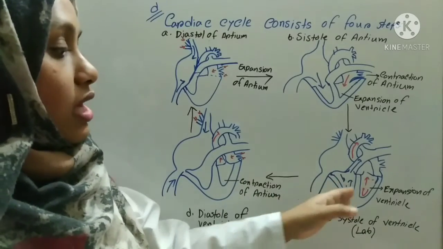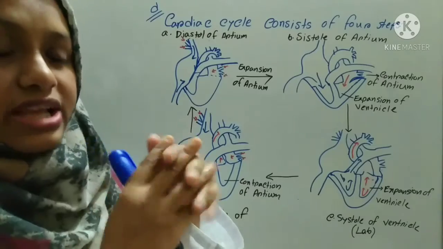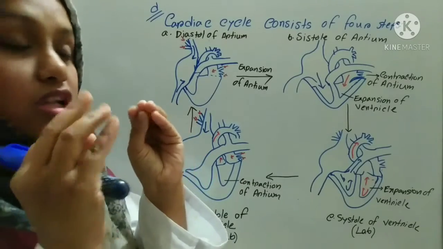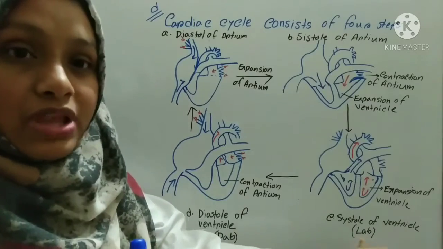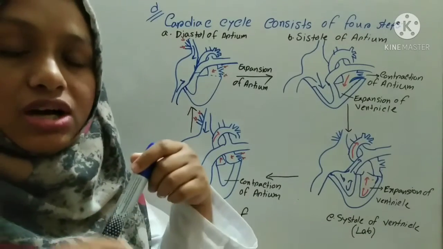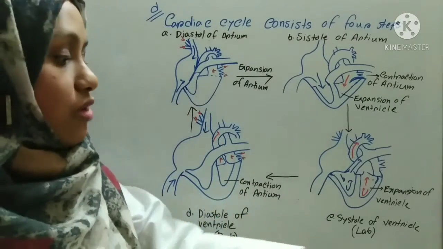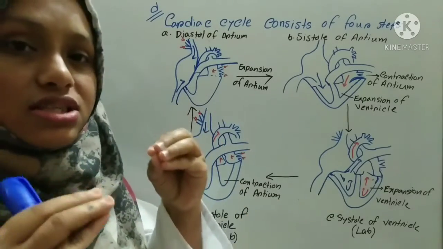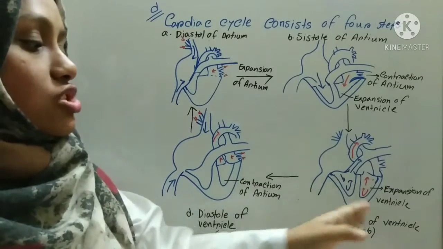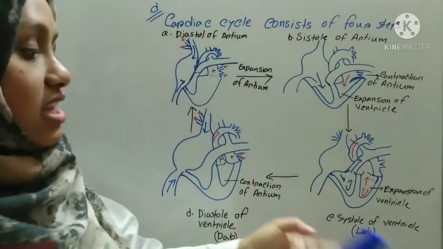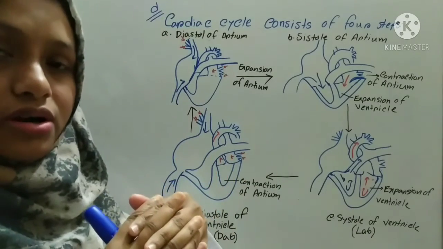Okay, so at this time, with the closing of the valves, a sound happens. During the closing time a sound happens, that is called lub. When we measure pressure, we hear a sound. One is the upper sound and another is the lower sound. The upper sound is called lub, and this is the sound of closing the valve. Okay, when systole of ventricle is finished, then again the diastole of ventricle occurs.